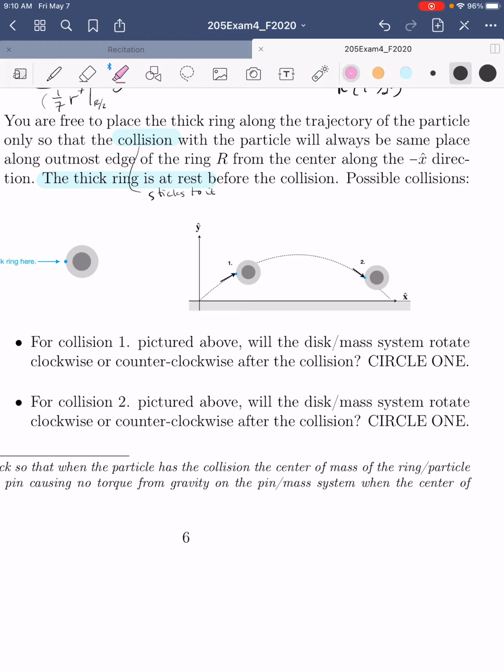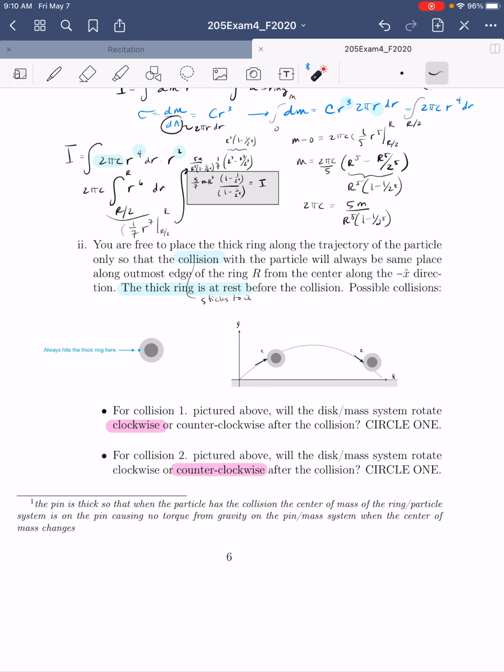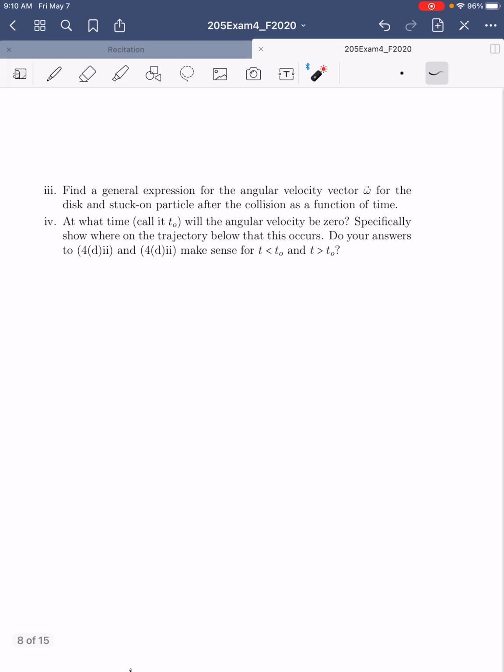Okay, so a clockwise rotation for collision 1 and a counterclockwise rotation after the collision for case 2 there. Now we're going to come back and make sure that makes sense. Now, I just know this by being on the planet and observing things to know that that's how that works. And now let's kind of move forward.